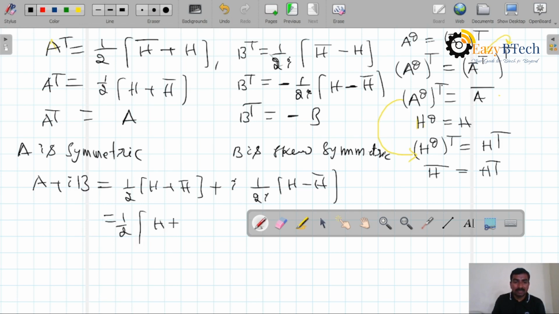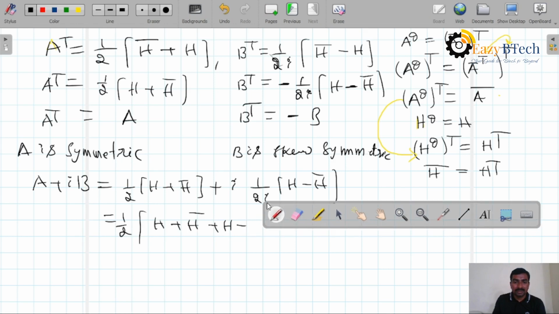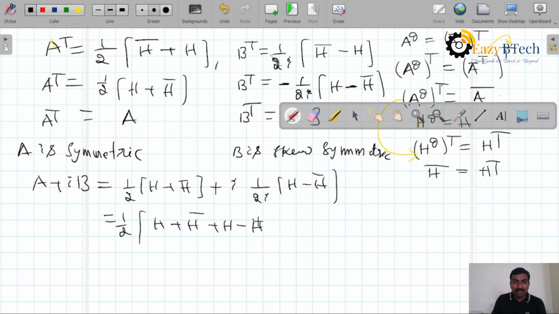Then you will get H plus H bar plus H minus H bar. Therefore, here H bar cancels. Then finally you will get 1 by 2 into 2H. Therefore, 2 cancels, and finally A plus iB equals H.